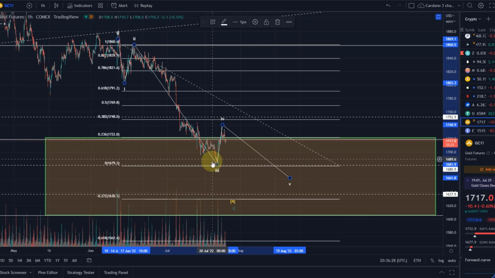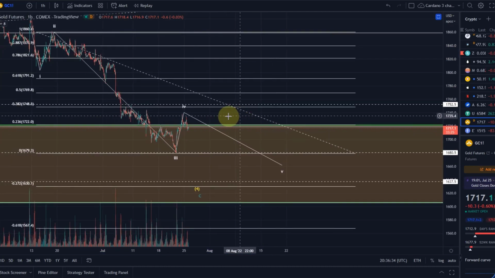It could be that the corrective move to the upside in wave 4 is now already complete, because we've seen quite a bit of a bearish reaction already to the 23.6% fib level, and I think we should now come down further. Primarily, however, because we haven't reached the 38.2% fib level, I would think that we get to that 1748 level once more, and from there then come down in a wave 5.